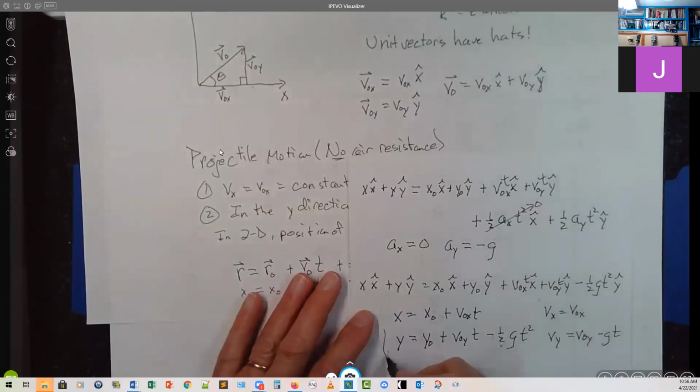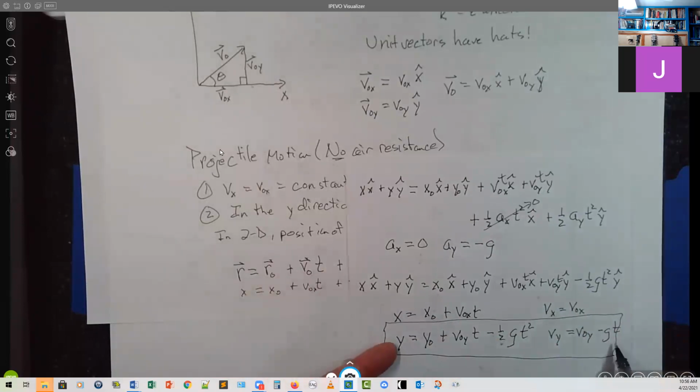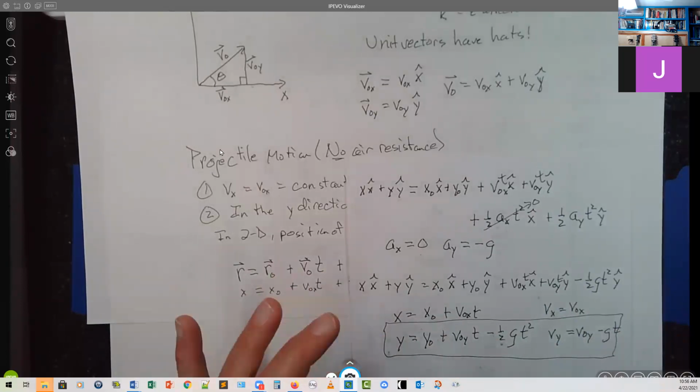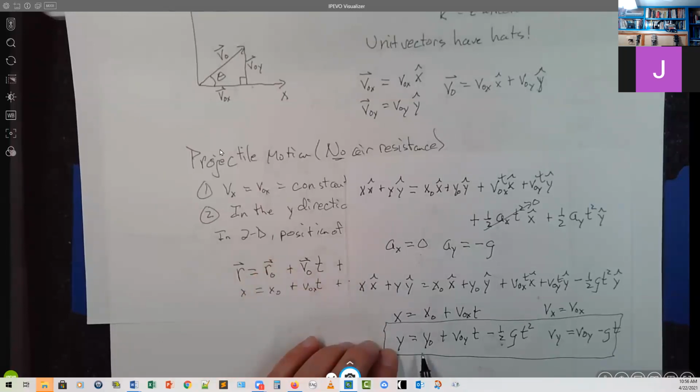Well, we just finished a few days doing problems where we used these particular equations to figure stuff out. And so you've seen multiple examples of doing that. A projectile motion problem just happens to have, at the same time this stuff is going on, something moving in the x direction with constant velocity.